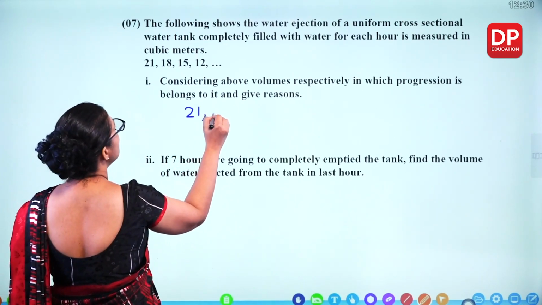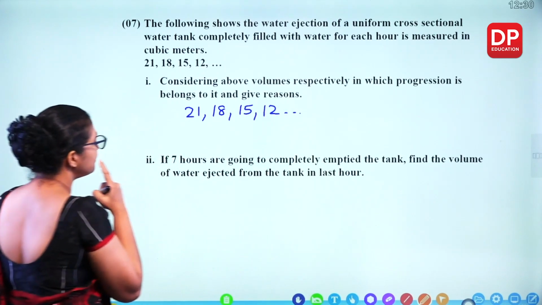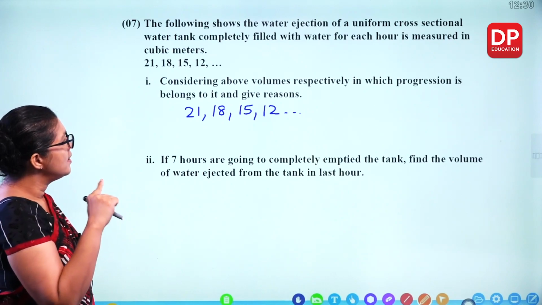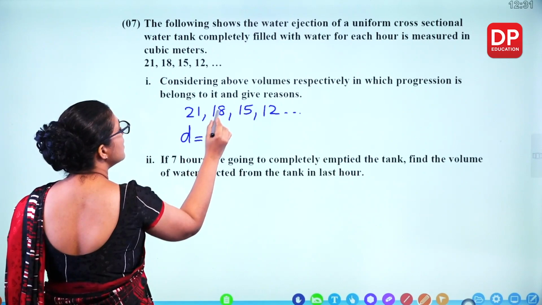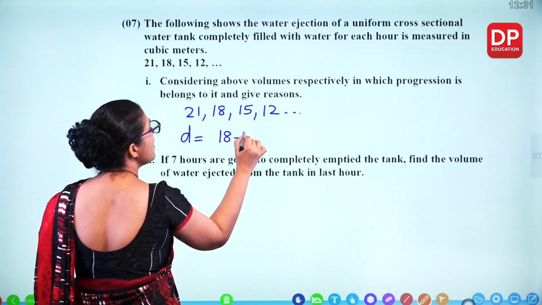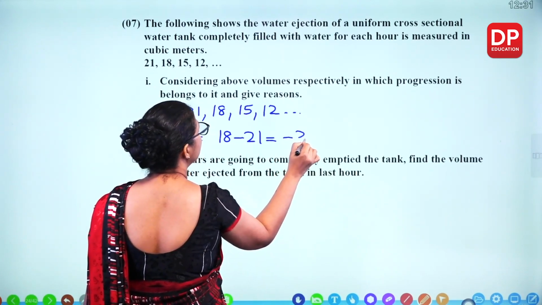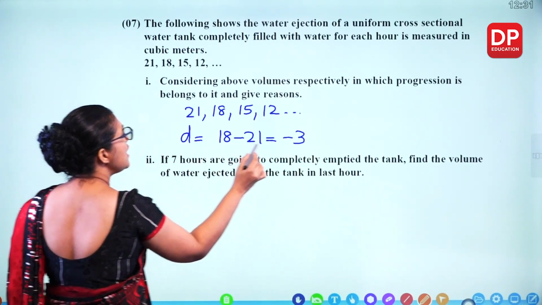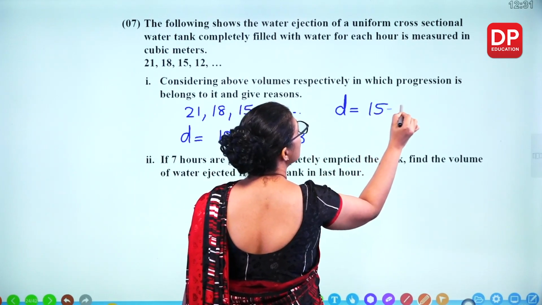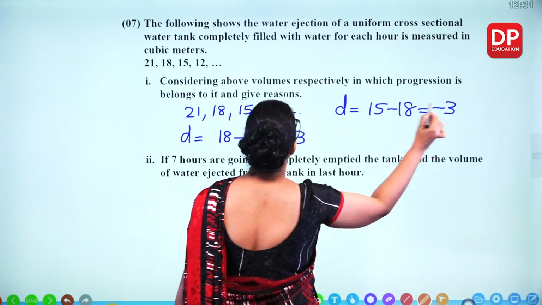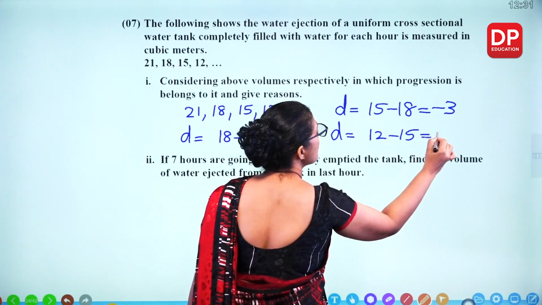21, 18, 15, 12. Those are the terms. First term is 21. Here, when you take the difference, just calculate any term minus the previous. You get minus 3. 15 minus 18, that's also minus 3. 12 minus 15, that's also minus 3.